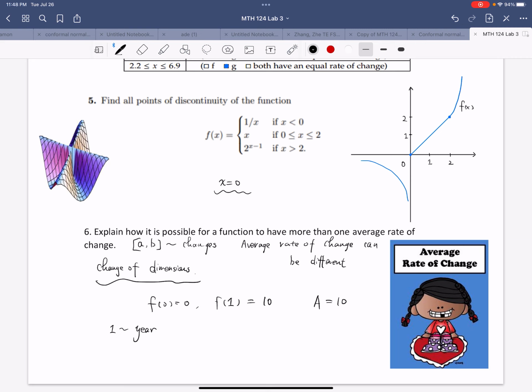Then 1 year is 12 months. So the average rate of change is (f(12) minus f(0)) over (12 minus 0), which is (10 minus 0) over 12, which is 10/12. So this number is different from 10, right? When you change the dimension of the variable, the average rate of change can also change. That's the different possibilities for getting a different average rate of change.